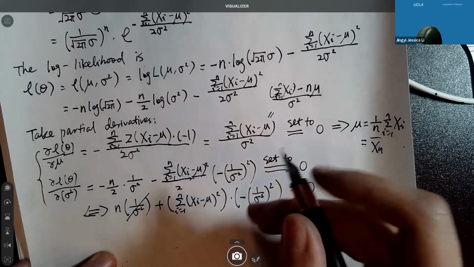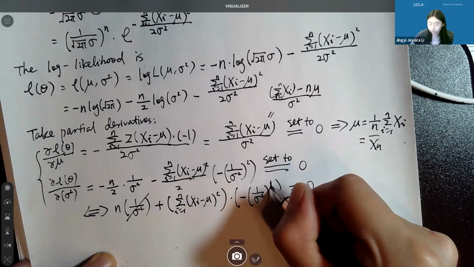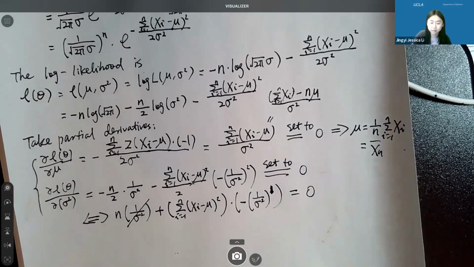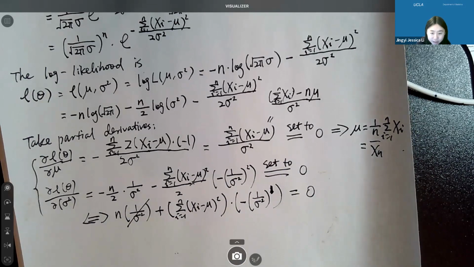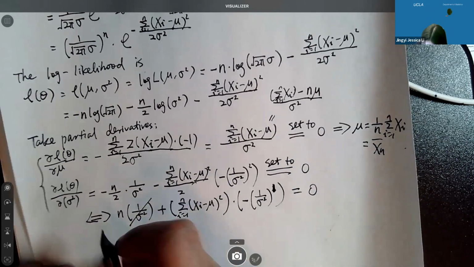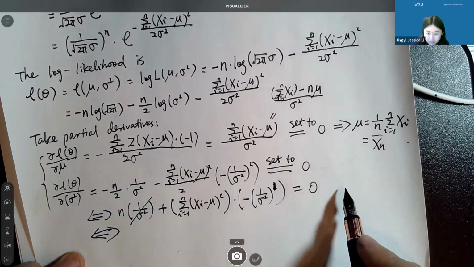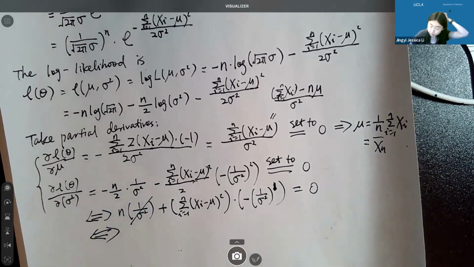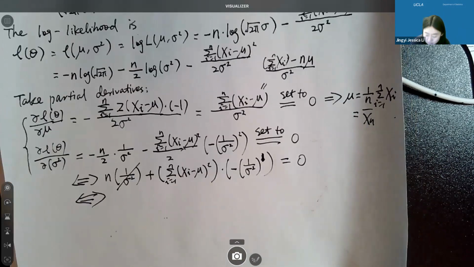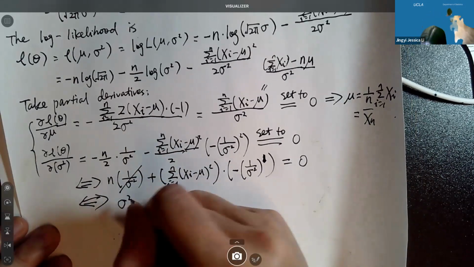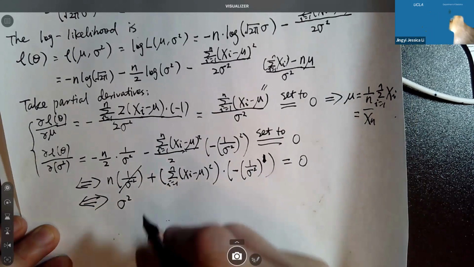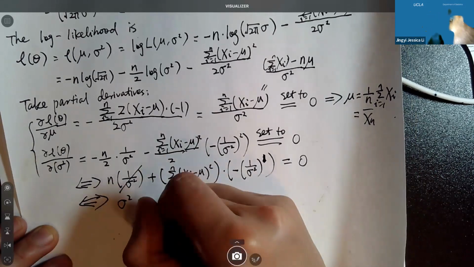So this becomes 1, so I only have 1 copy of that. And then basically I can show with just one line of algebra, if I move this negative term to the right-hand side and solve for sigma square, you can see that sigma square would be equal to 1 over n.